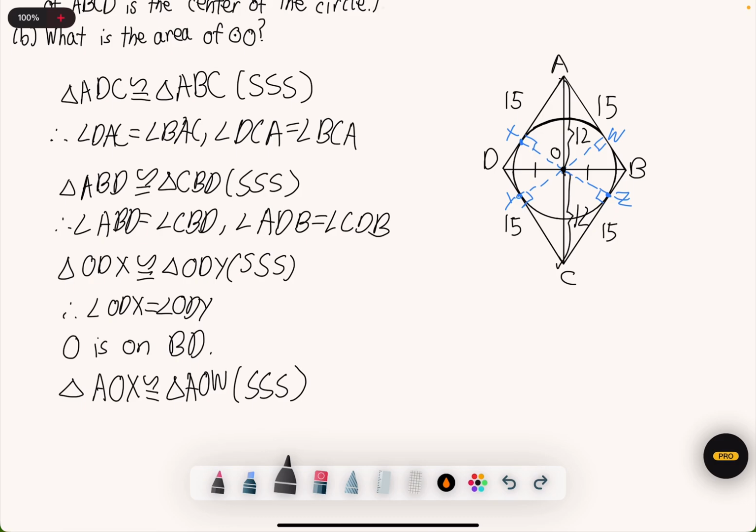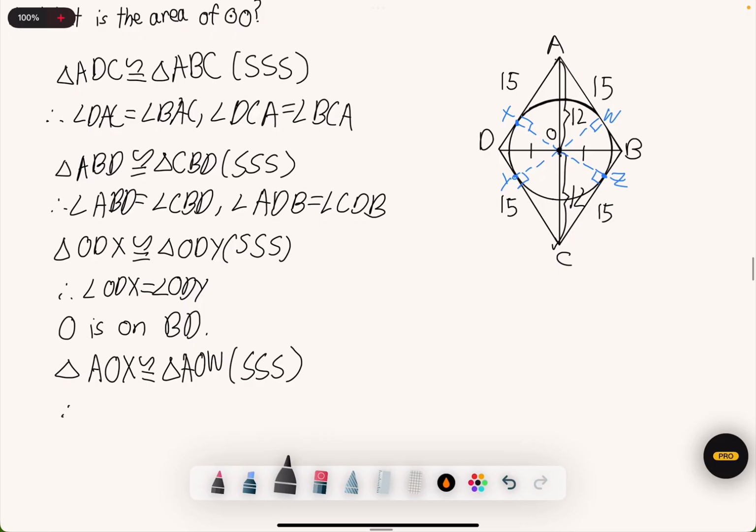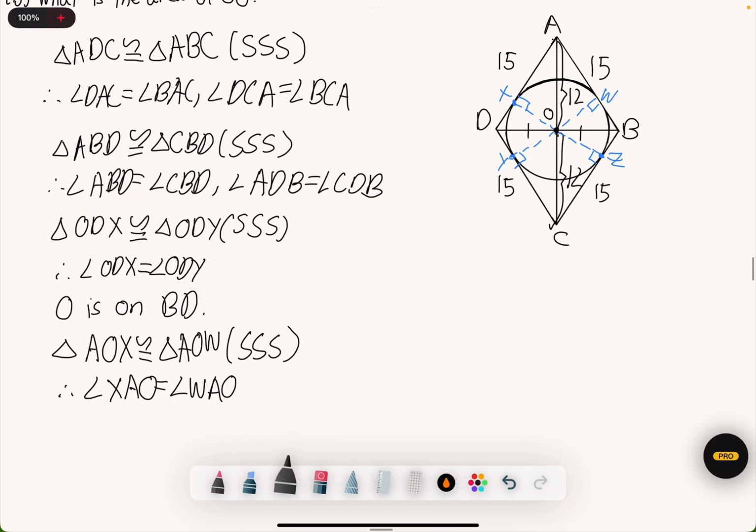What this means is that angle XAO equals angle WAO. So OA bisects angle DAB. Well, CA also bisects DAB. So CA is the angle bisector of DAB, and OA is also the angle bisector of DAB.